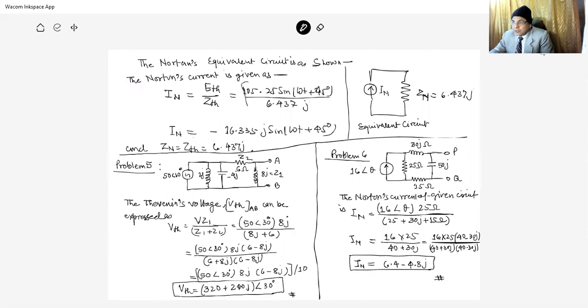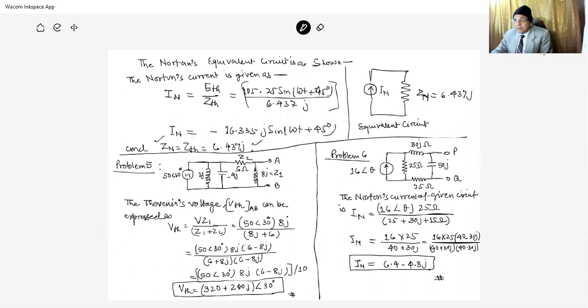Solving this, we get IN equal to minus 16.335 j sine omega t plus 45. So the equivalent circuit is IN with Z of 6.437 j, that is the Norton's impedance.